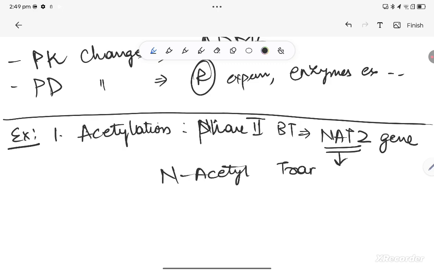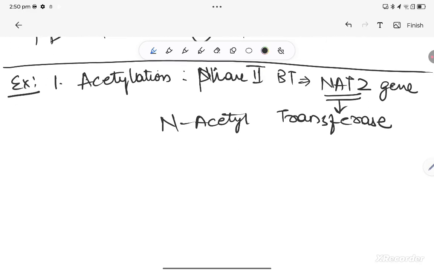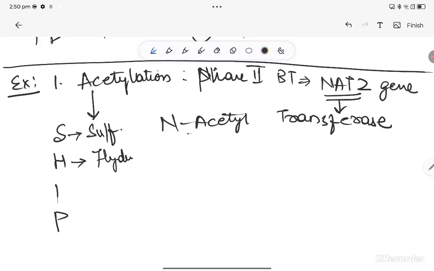When N-acetyl transferase is present, it is responsible for metabolism of the drugs. Drugs which show acetylation include the SHIP group of drugs. S stands for sulfa groups, H stands for hydralazine, I stands for isoniazid, P stands for PAS, para-aminosalicylic acid.